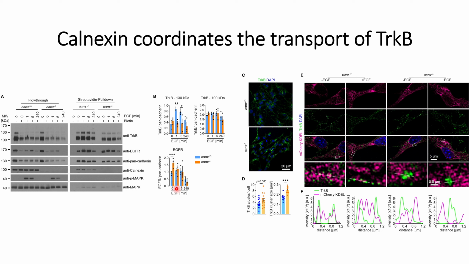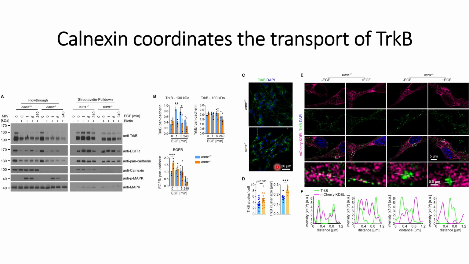However, it will get accumulated because of a defect in the quality control mechanism of the endoplasmic reticulum, and that will cause aggregations of TrkB in the cells.